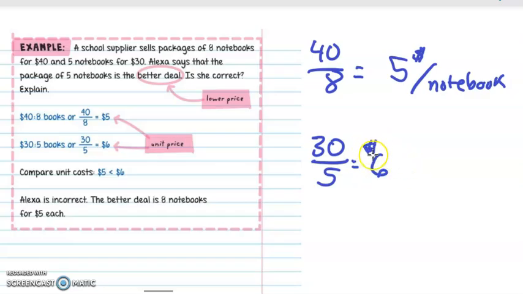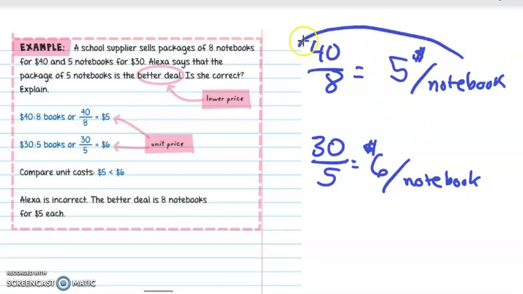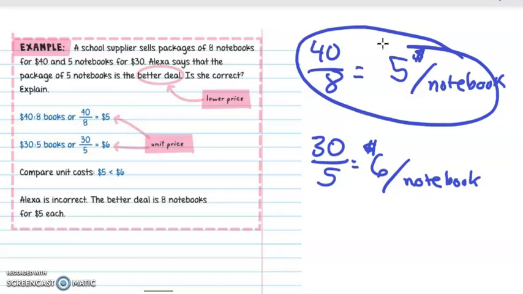And I should have put the dollar sign out front, but $6 per notebook. Which one's the better deal? Buying all 8 notebooks, because this is $5 each, this is $6 each. I would rather pay $5 each. Okay.